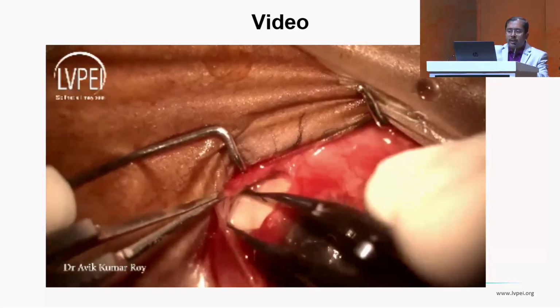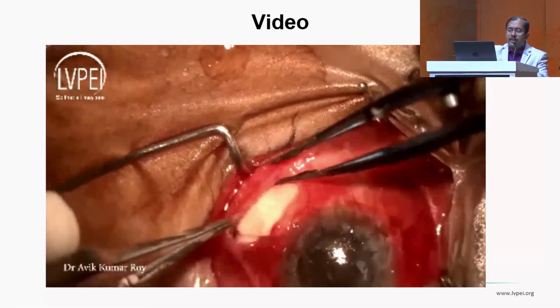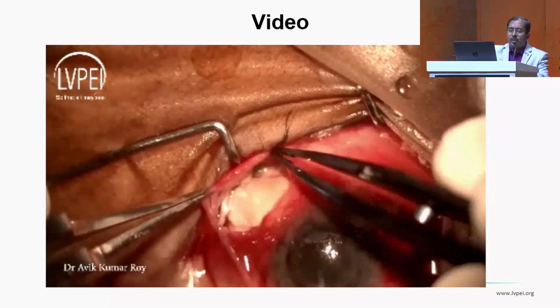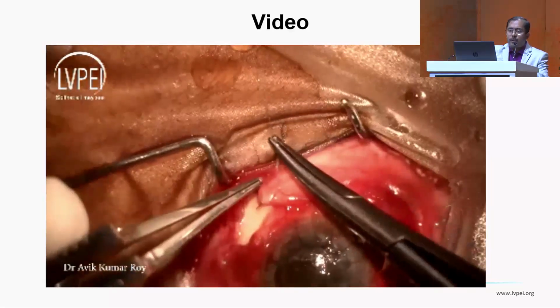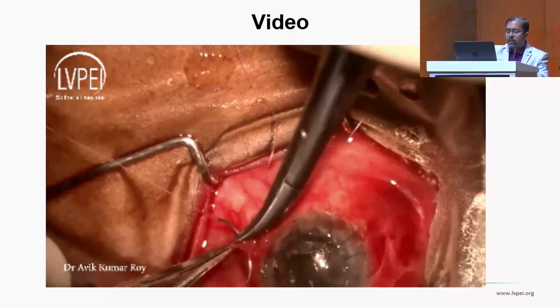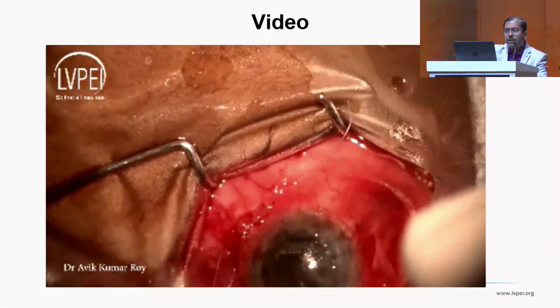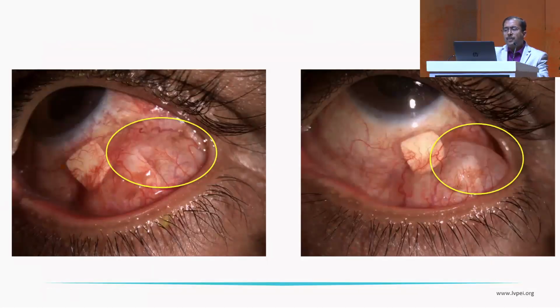It stays there, followed by simply closing the conjunctiva with a suture. With this simple technique, the bleb height will be less and the IOPs will be low, as we expect.